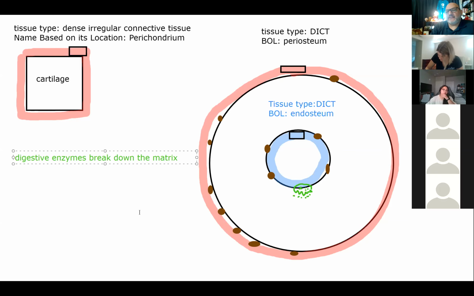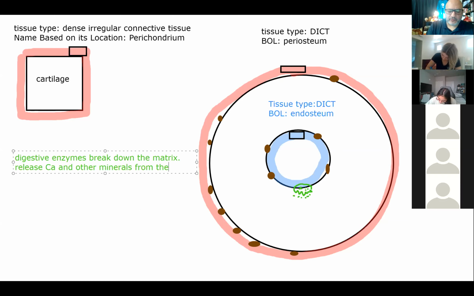That's definitely something that's there. But what's the matrix primarily made out of? Water and calcium. Calcium. So when we break down the matrix, we release the calcium and the other minerals from the bone, and we release it into the interstitial fluid.